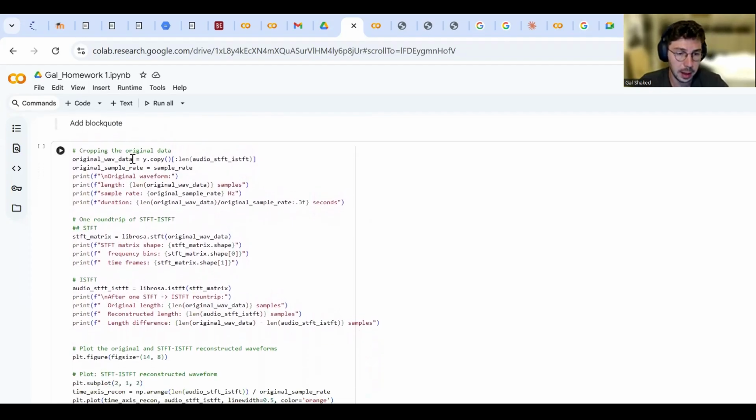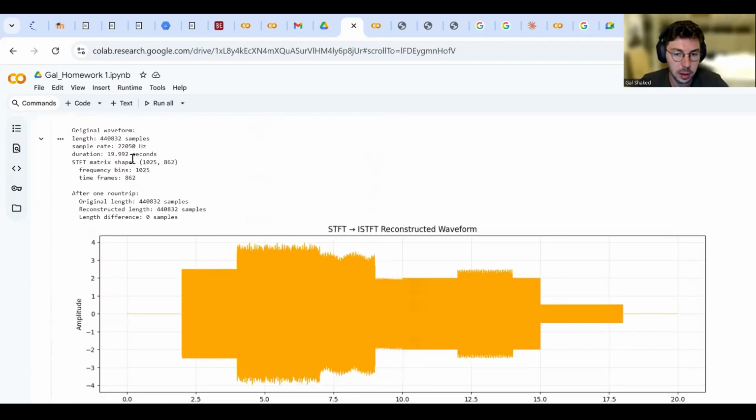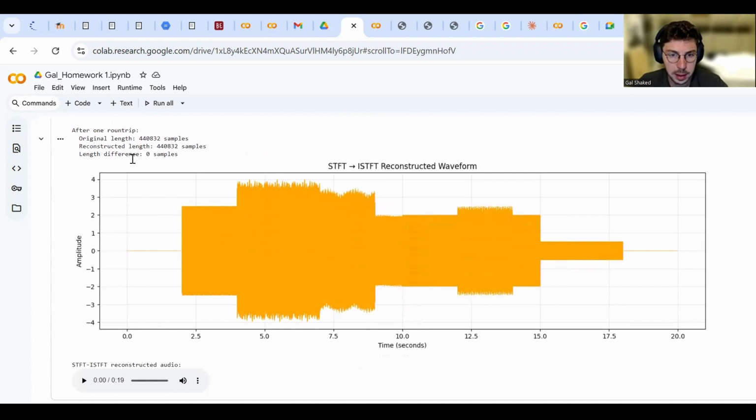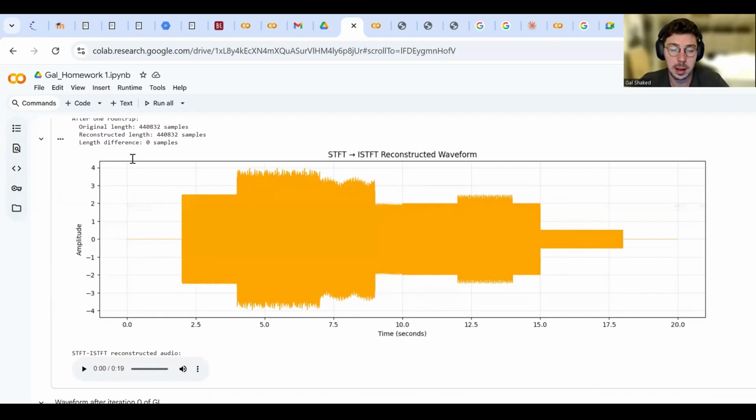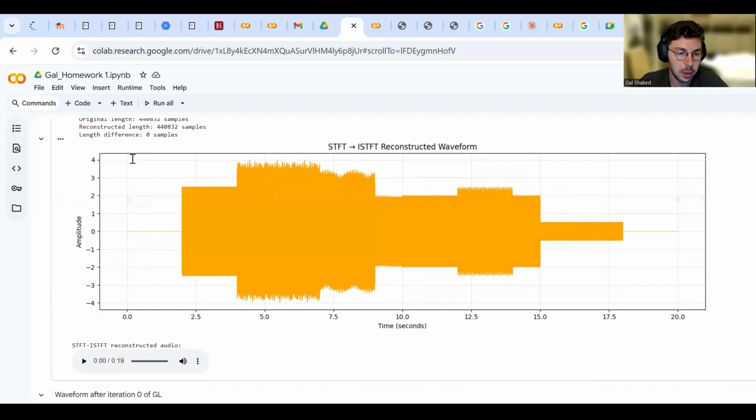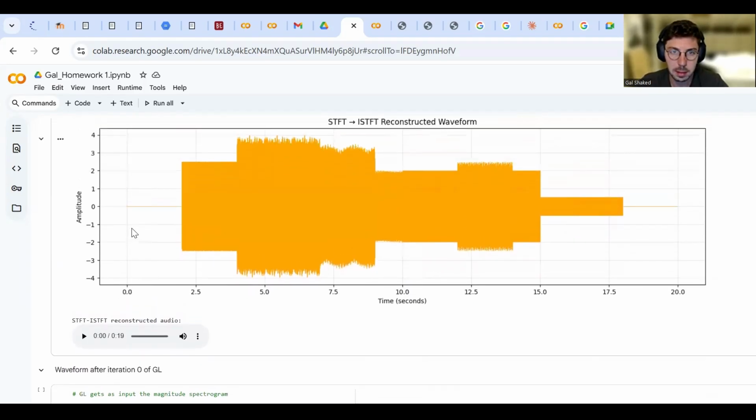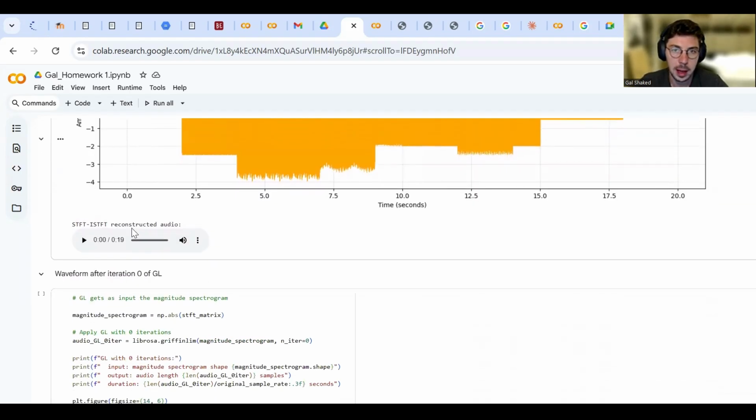First, we do one round trip of short-time Fourier transform and back, inverse STFT. And what we get is a very similar, or completely similar, waveform to the original one. The differences cannot be perceived, at least by us.